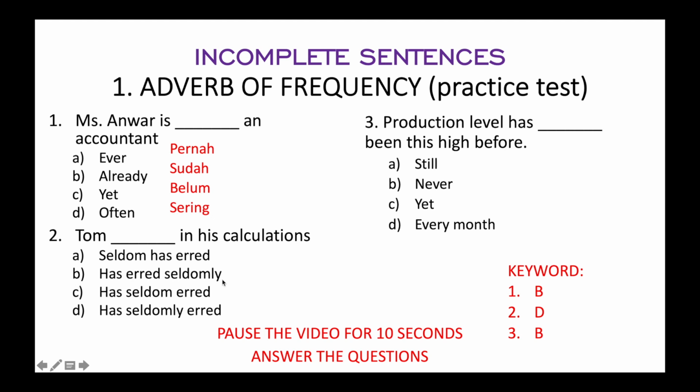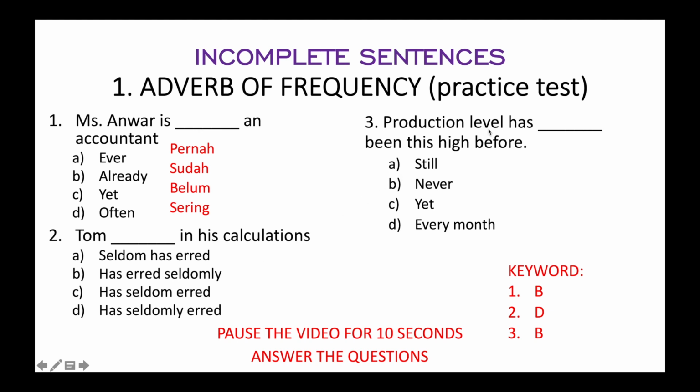So B is wrong. The third one would be has seldom earn or has seldomly earn. Which one is your answer? If you answer C, then that is wrong, because it should be in the form of the adverb itself. Has seldom earned. Okay, got it?